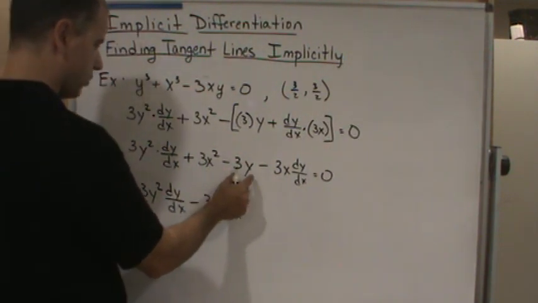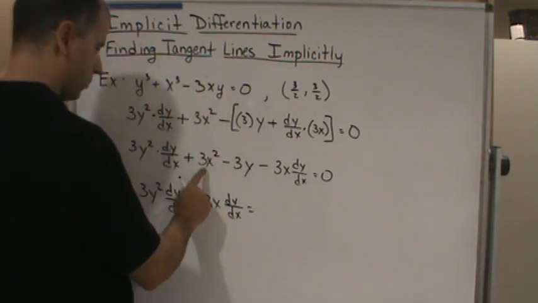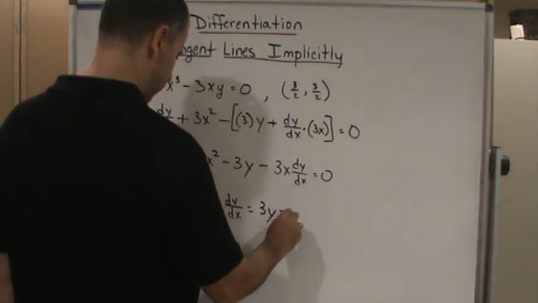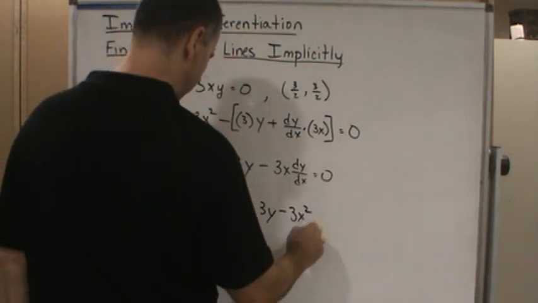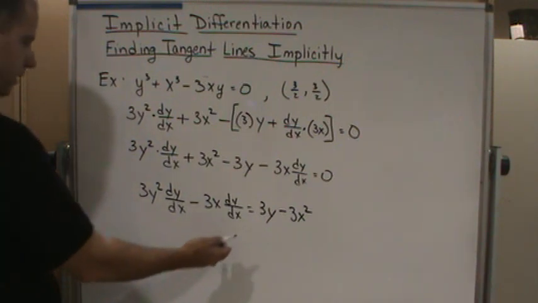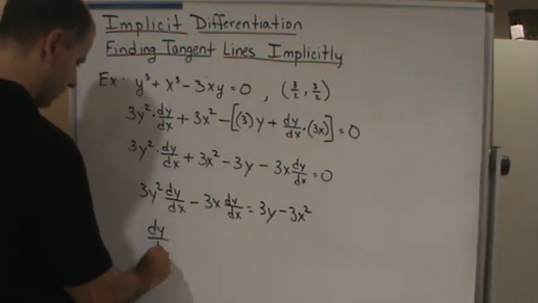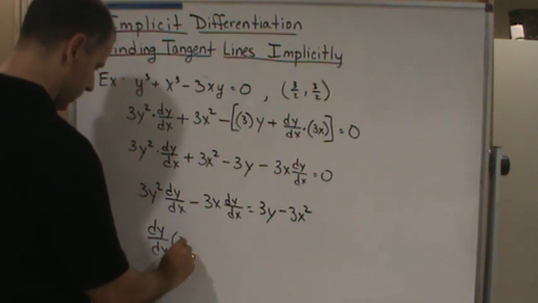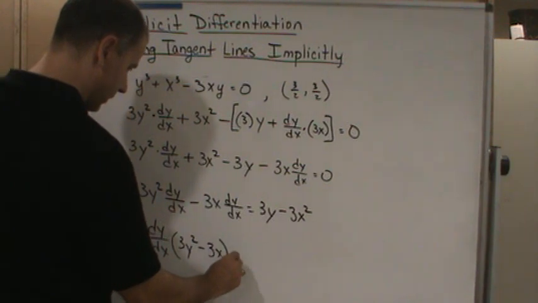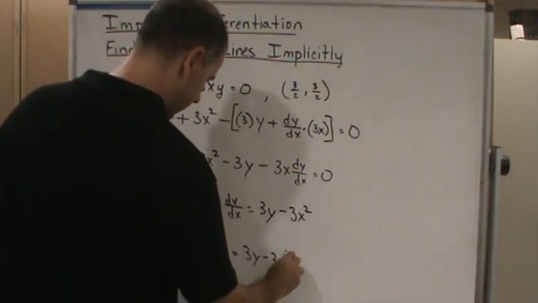Now these two terms I'm going to put over on the other side of the equals. So I'm going to subtract this one and add this one. So it'll be 3y minus 3x squared. Okay, now I'm going to factor out the dy dx. dy dx times (3y squared minus 3x) equals 3y minus 3x squared.